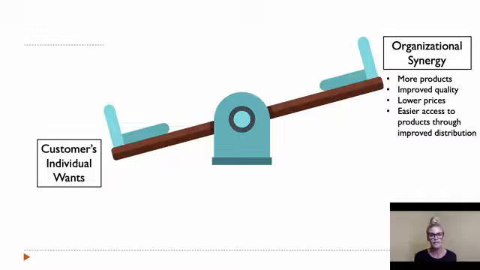But if you segment not at all, then you're looking at a single product for all consumers, and that's not beneficial for them either. So you have to figure out, how do we segment enough that it provides value for customers, but also provides a return on investment for the firm. So that's where we see this idea of efficiencies that are formulating through organizational synergy.